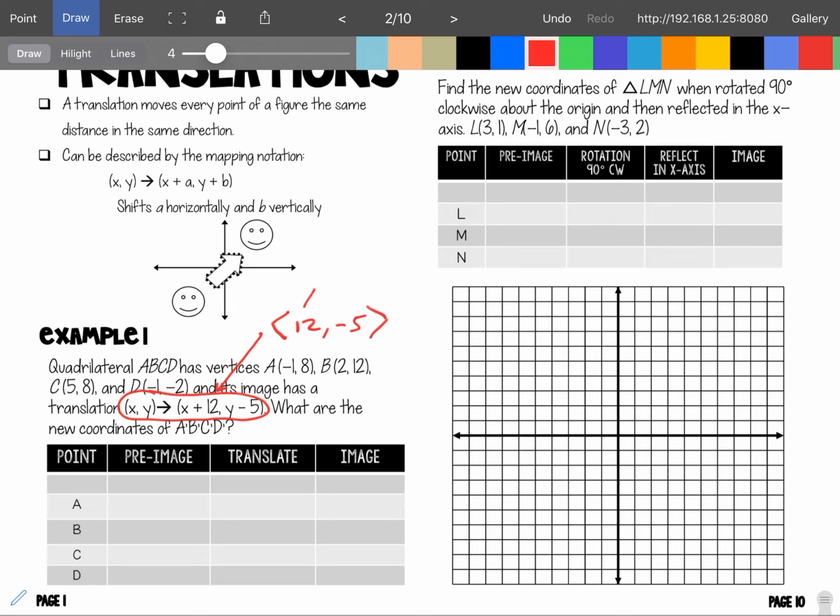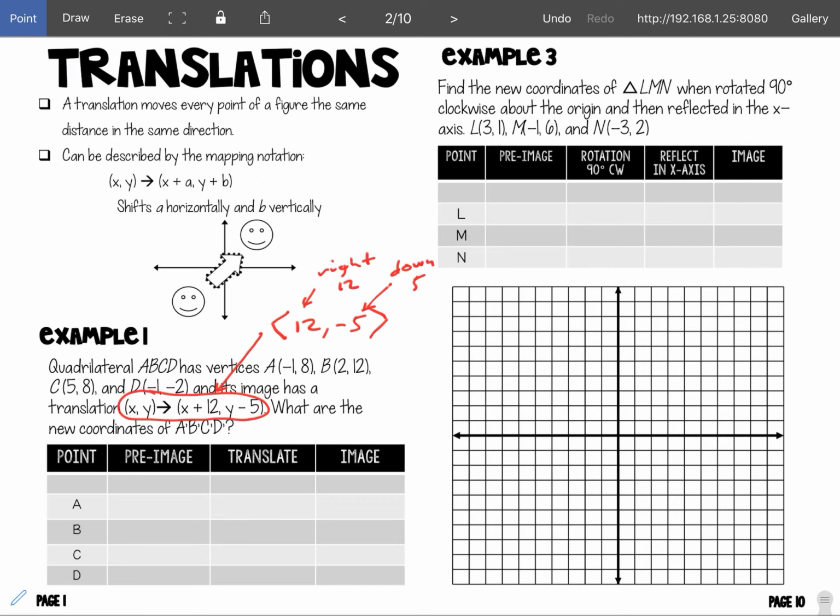All that means is that they're going to go right 12 units, and then go down 5. So it means the same thing that we have written right here.